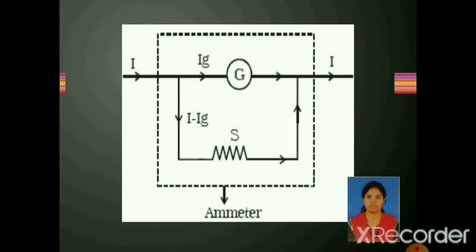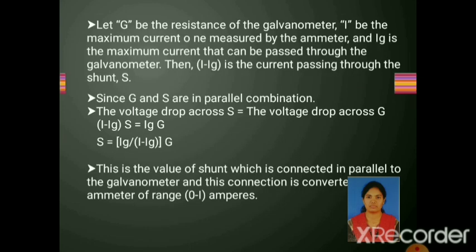Here we can see how a galvanometer is converted into an ammeter. The galvanometer is connected with the shunt in parallel. Let G be the resistance of the galvanometer and I be the maximum current measured by the ammeter.